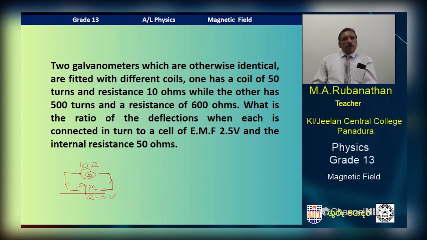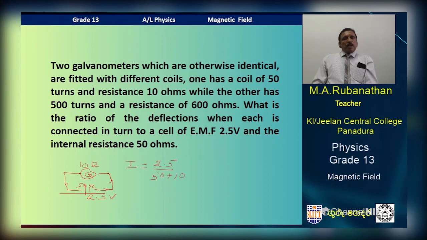First you find the current. I is equal to voltage over resistance, 2.5 over 50 plus 10. So this is the current through the galvanometer.